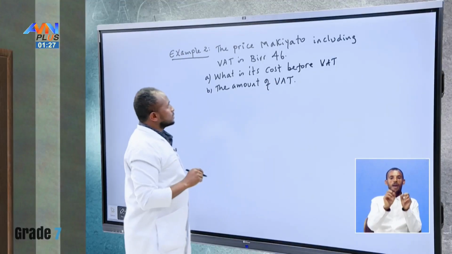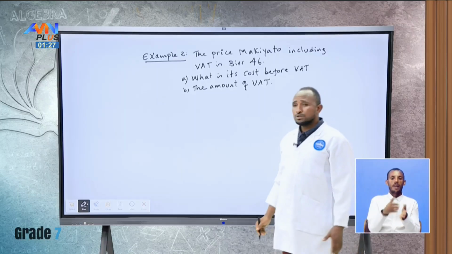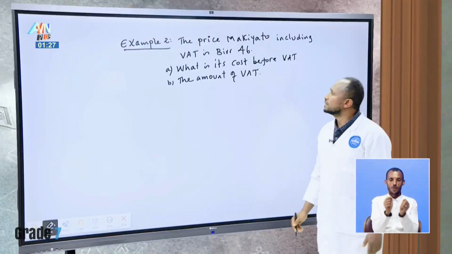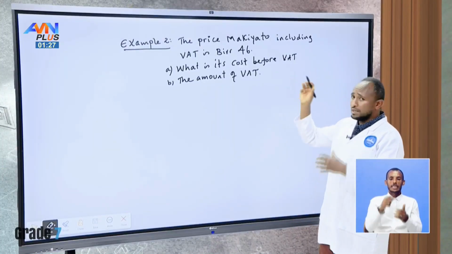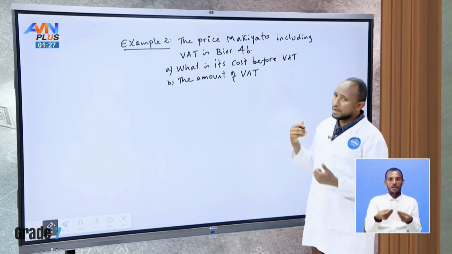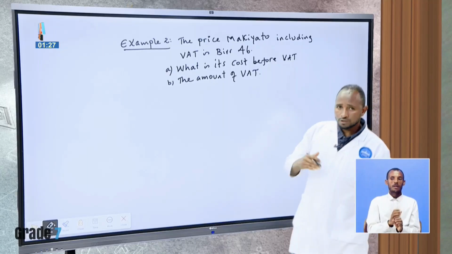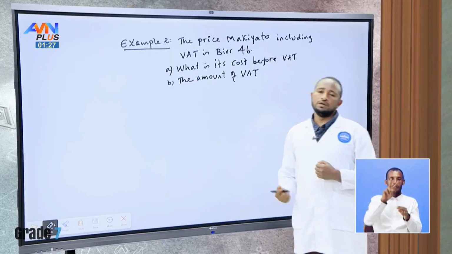Again, let's see this question together. The price including VAT is given. Here we are asked to calculate the cost before VAT and the amount of VAT.